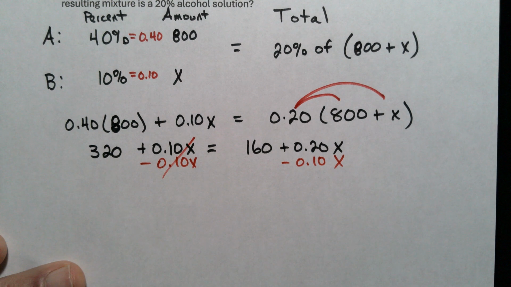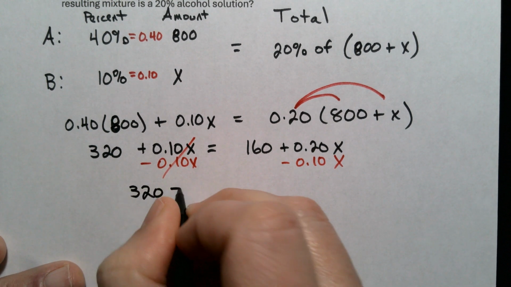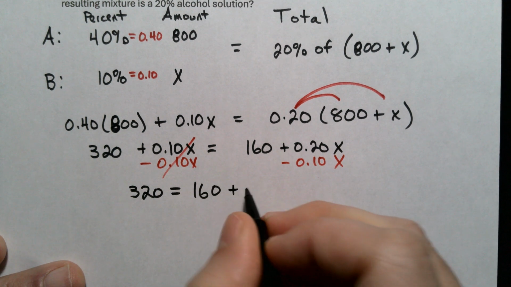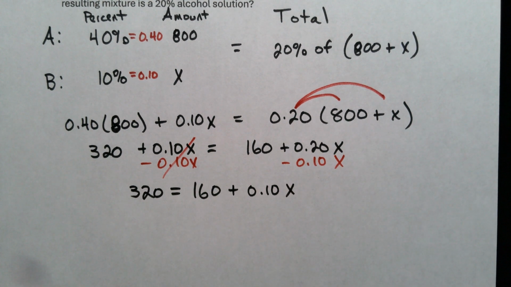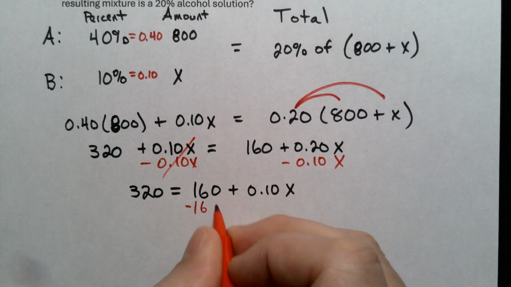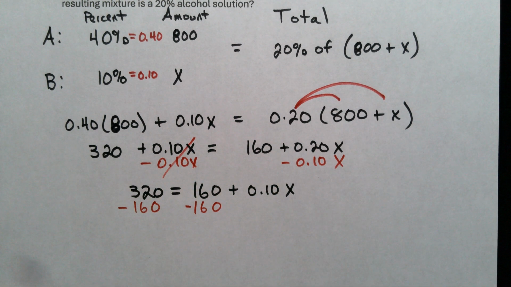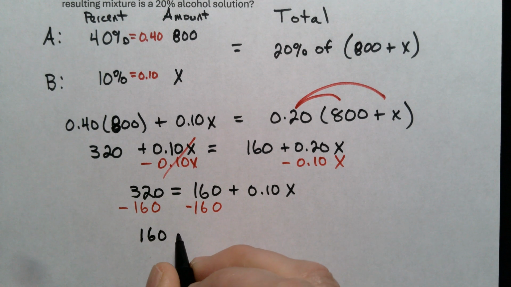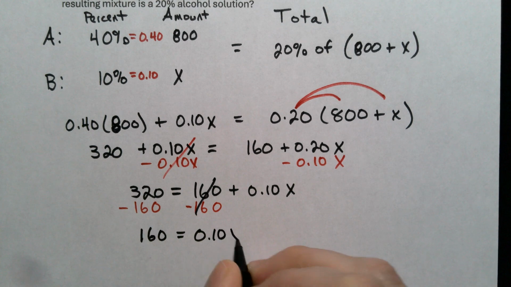It'll cancel over here, leaving just the 320 equals 160. And if you do that subtraction, it'll be 0.10x. Okay, I'm going to subtract the 160. Okay, so that's going to be equal to 160. On that side, that cancels out and you get 0.10x.